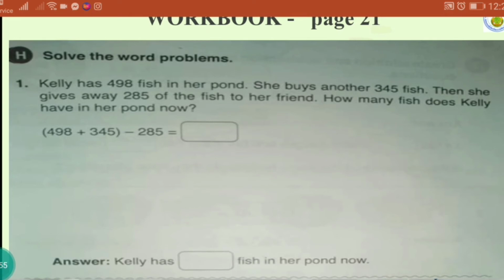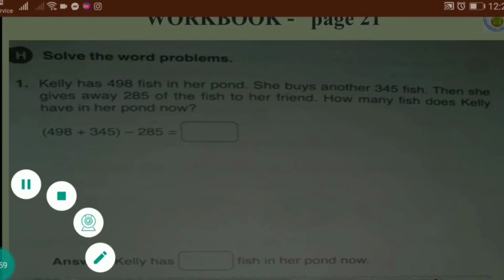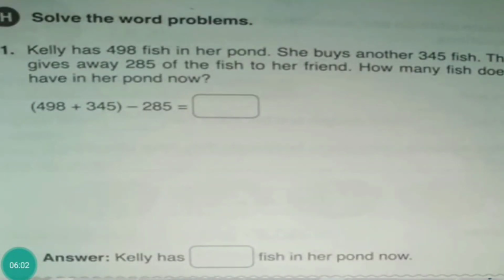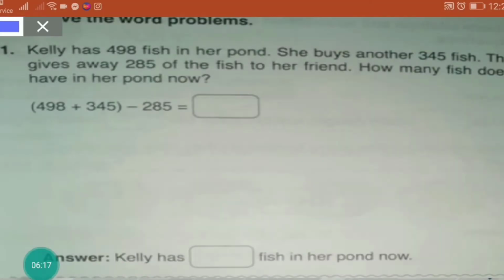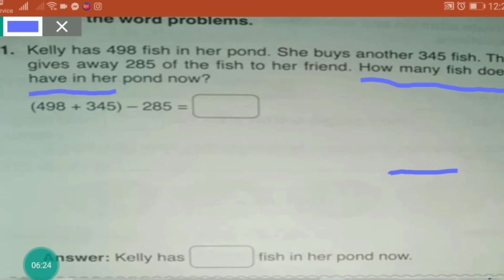Then she gives away 285 of the fish to her friend. How many fish does Kelly have in her pond now? So our question here is, how many fish does Kelly have in her pond now?